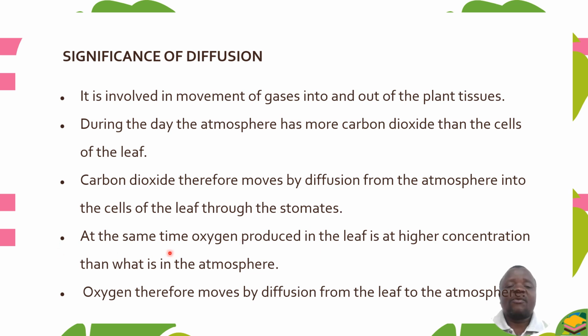At the same time, once photosynthesis has taken place, the oxygen is produced and then diffuses out of the leaf, since it is at higher concentration than what is in the atmosphere. So therefore, oxygen moves by diffusion from the leaf to the atmosphere. That's why diffusion is very, very important. It is able to make sure that the organisms meet their demands in their bodies.